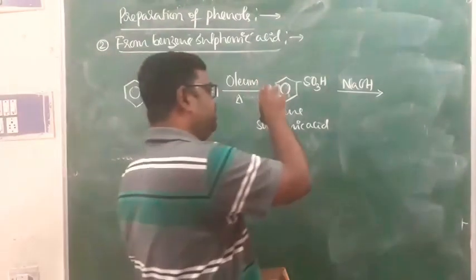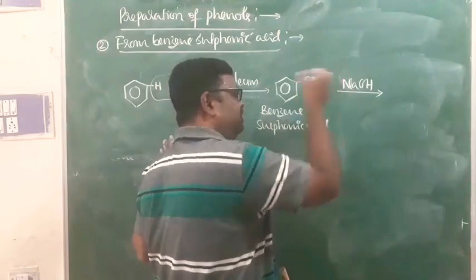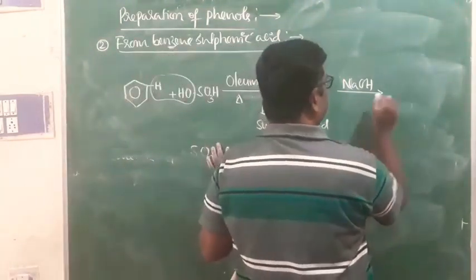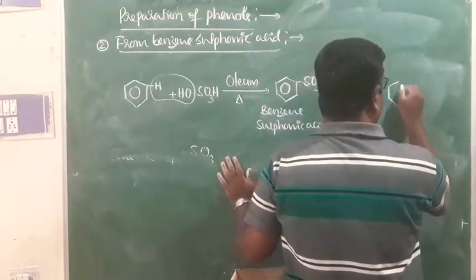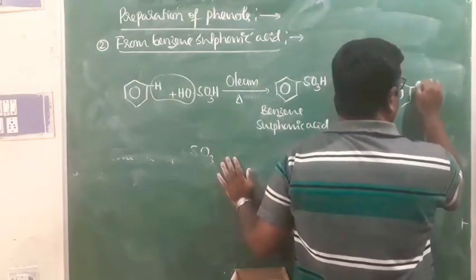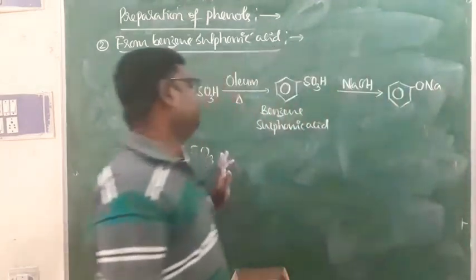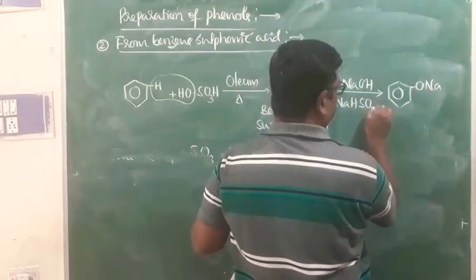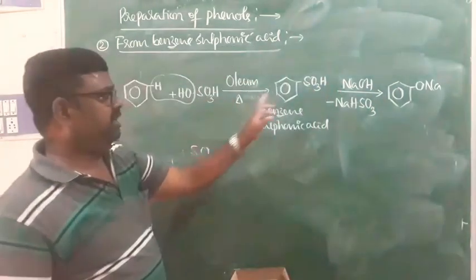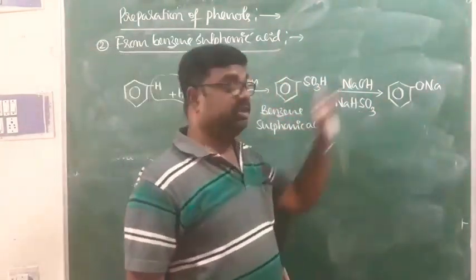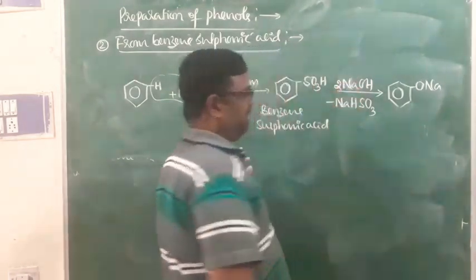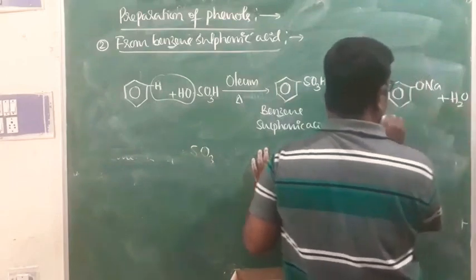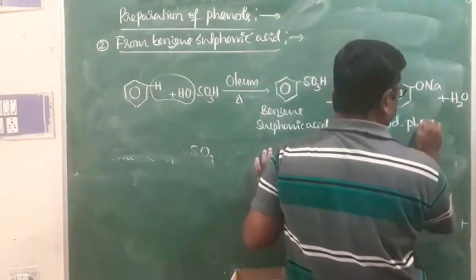When sodium benzene sulphonate is heated with molten NaOH, you are going to get sodium phenate, with the loss of NaHSO3 from the benzene sulphonic acid group, along with 2 NaOH and plus H2O. This is what we call sodium phenate.